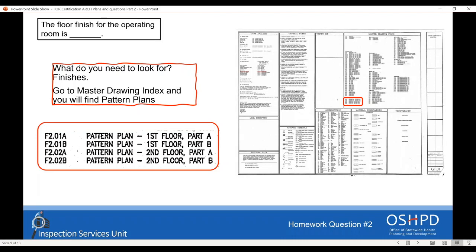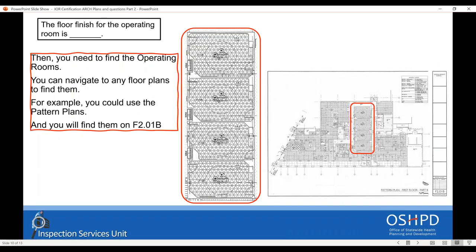Of course, you need to know where the ORs are, and so the floor plan is up to you which floor plan you want to look at. You can look directly at the pattern plan, or you can look at the fire safety plans. You need to identify where the rooms are.